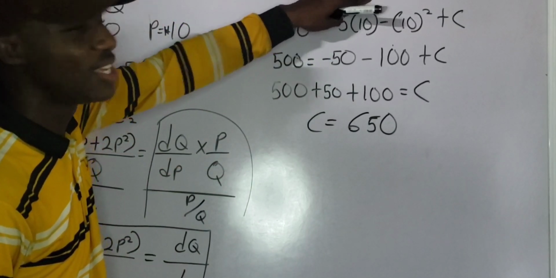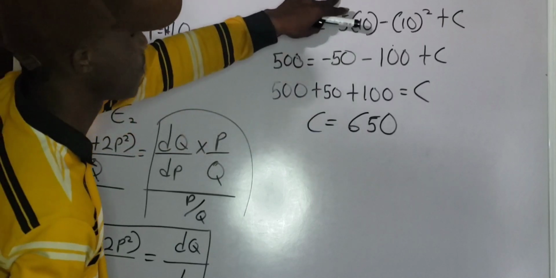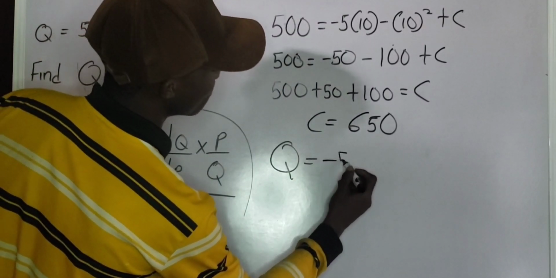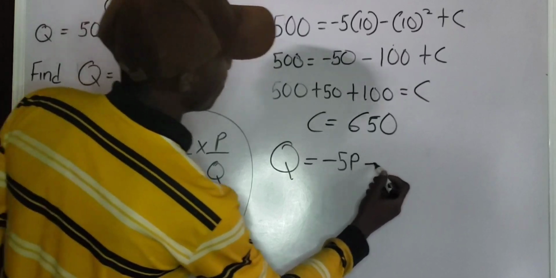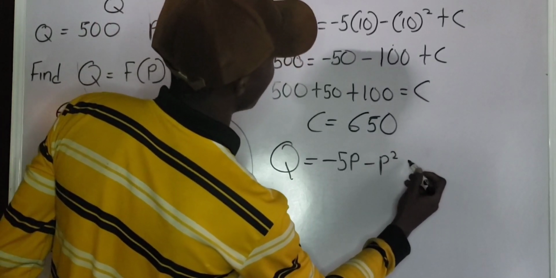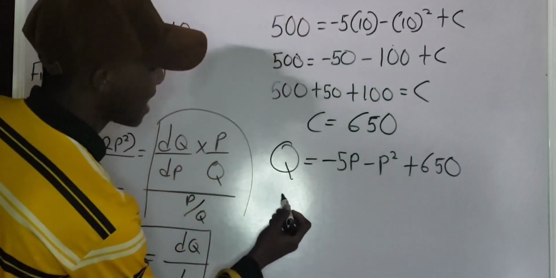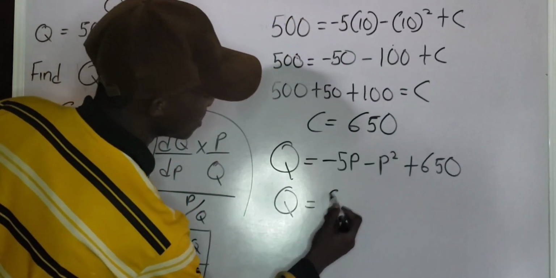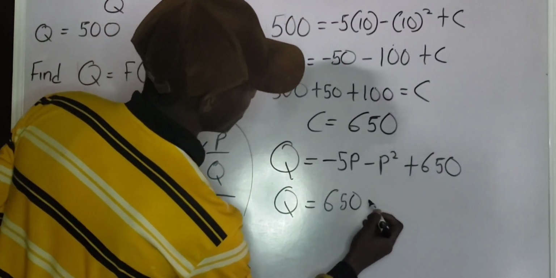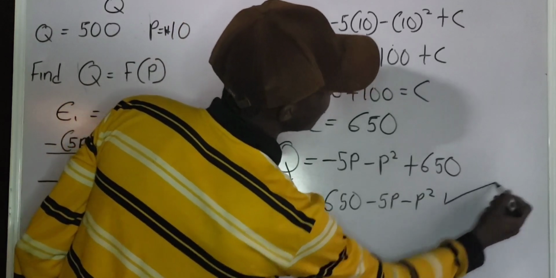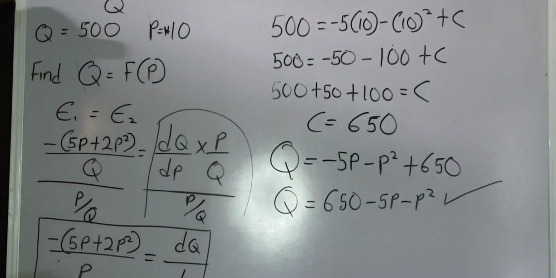So the required demand function is q is equals to negative 5p minus p squared plus 650. So you can rearrange it as q is equals to 650 minus 5p minus p squared. So this is the required demand function.